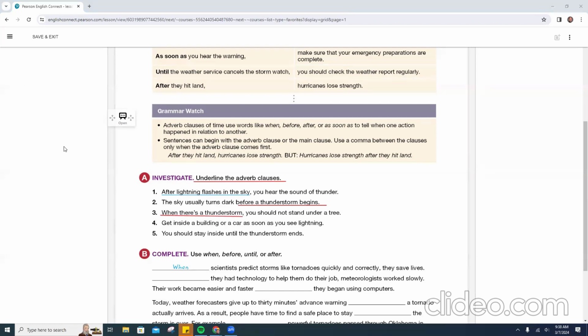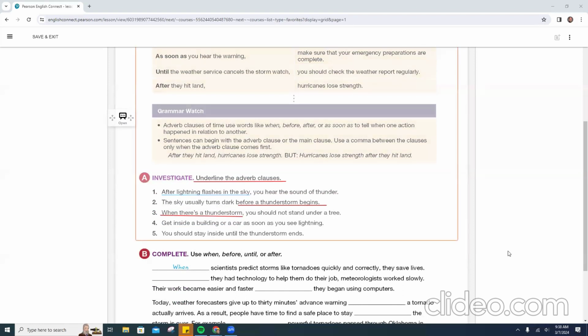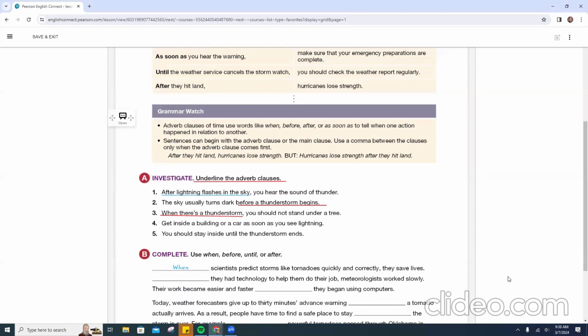Now, I know I'm going back and forth, but you see that when was at the top over here. I can't make it. Let me see if I can make it smaller. No, I can't. Number 4, get inside a building or a car as soon as you see lightning. Okay.